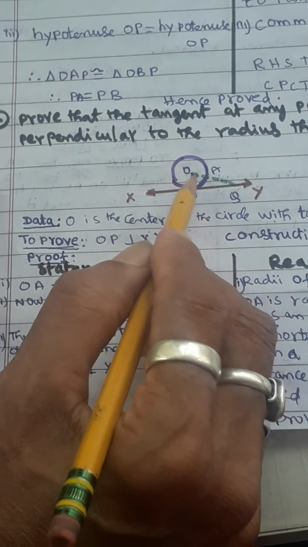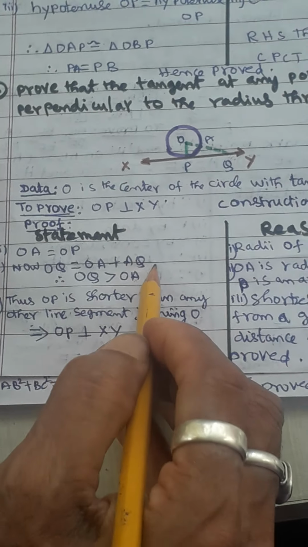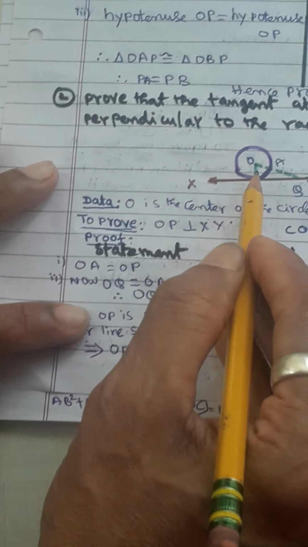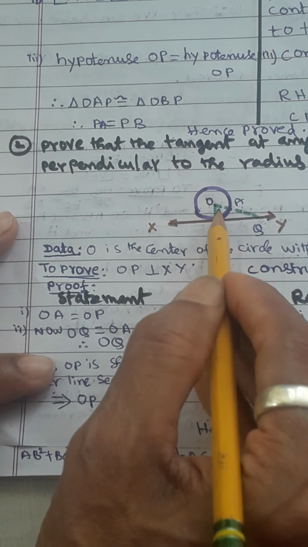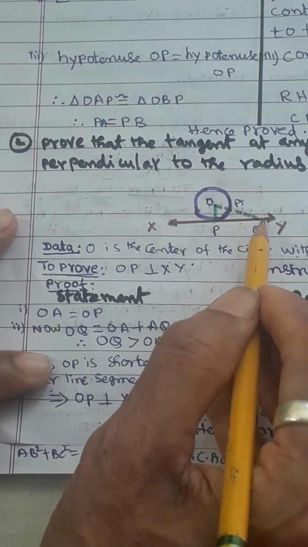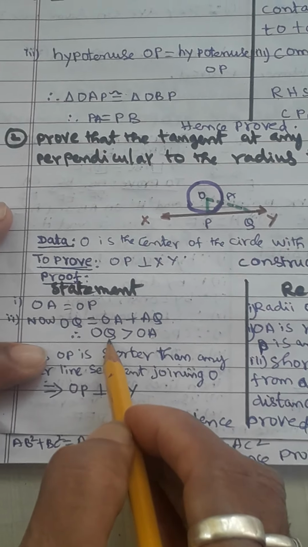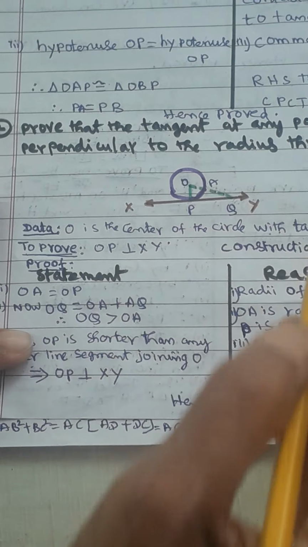So OQ must be greater than OP, because OA and OP are equal. So I wrote OQ is greater than OA.